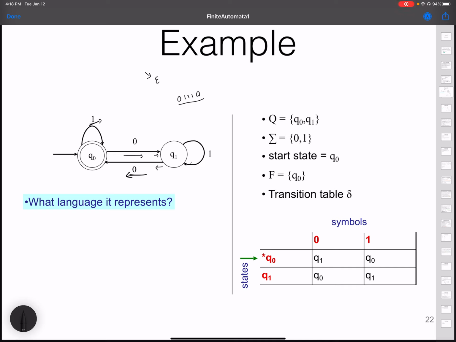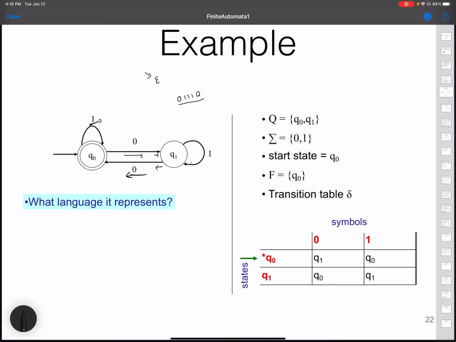Okay, so this pattern tells me that all the strings that have an even number of zeros are going to be accepted. And there is no restriction over where those zeros are located.